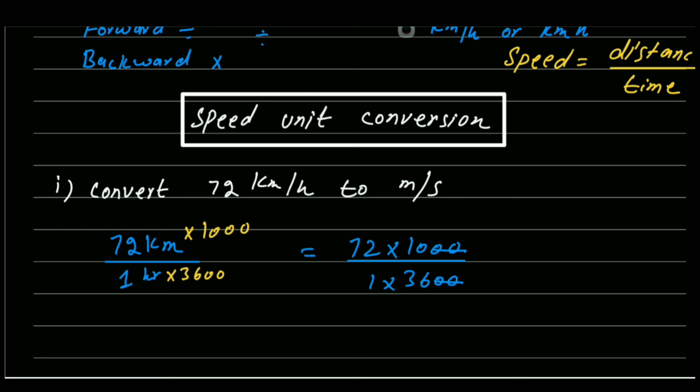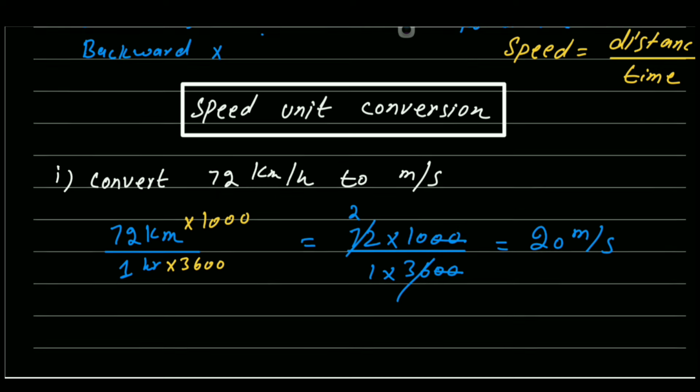Zeros and zeros will be cancelled, and 36 into 72 gives 20 meter per second. So now 72 kilometer per hour is converted into 20 meter per second.